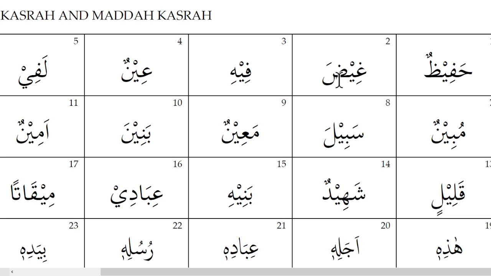And together, without any pause, gi-do. All right, number 3. Long kasra, so e, fi, then ha with a short kasra, he. Fi, he.